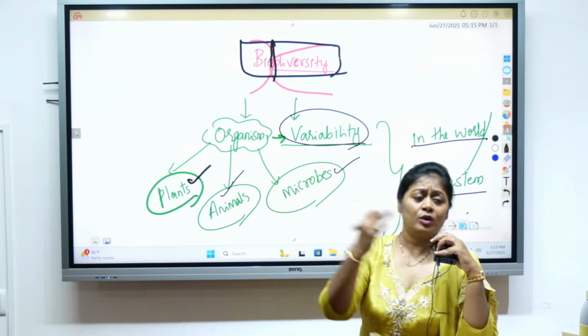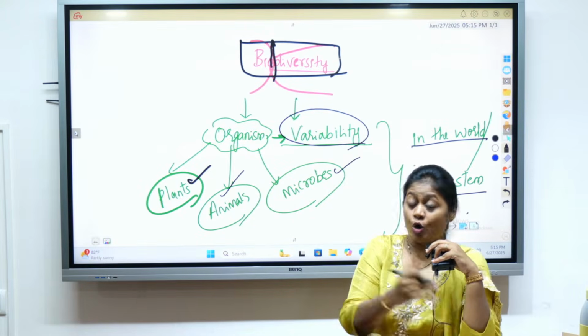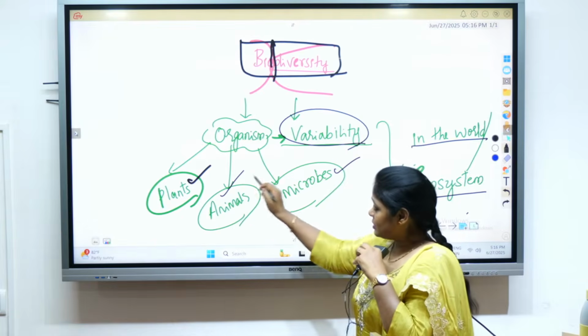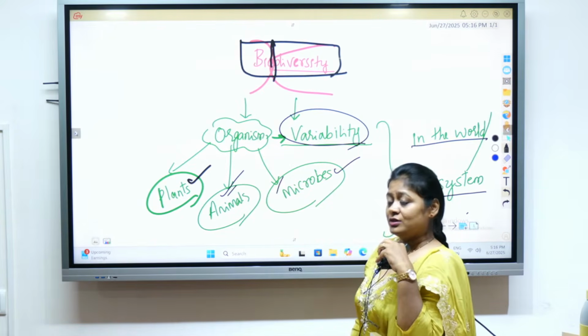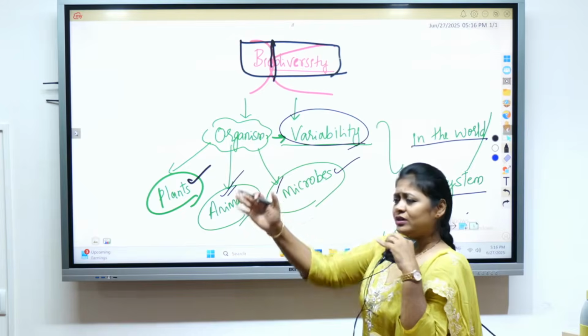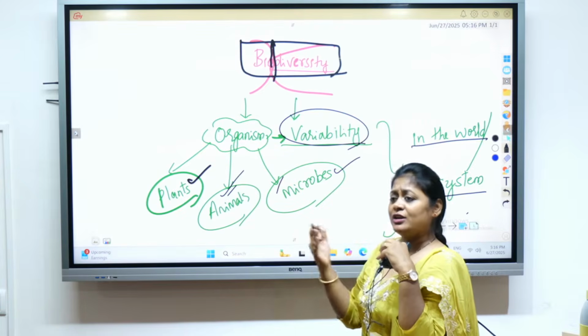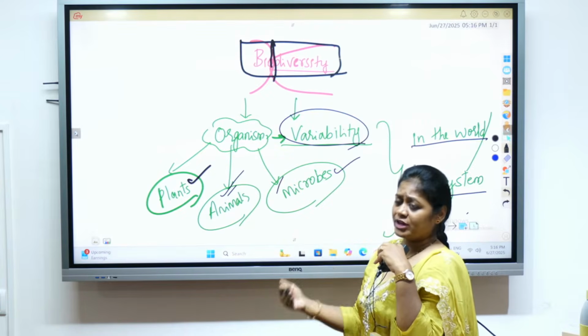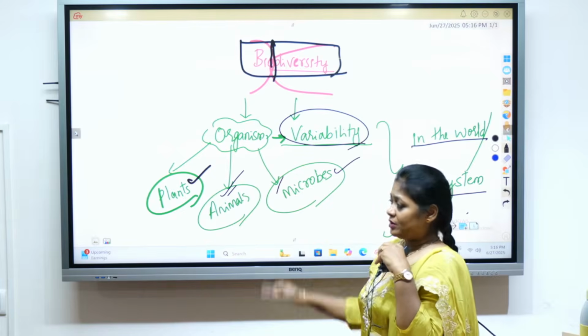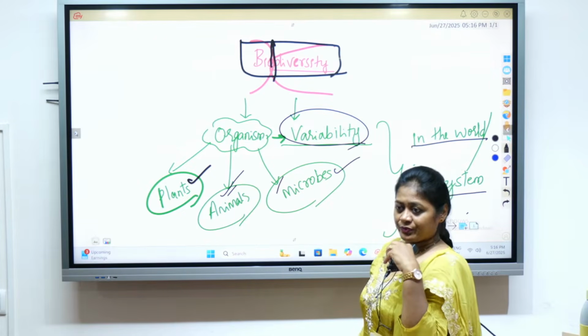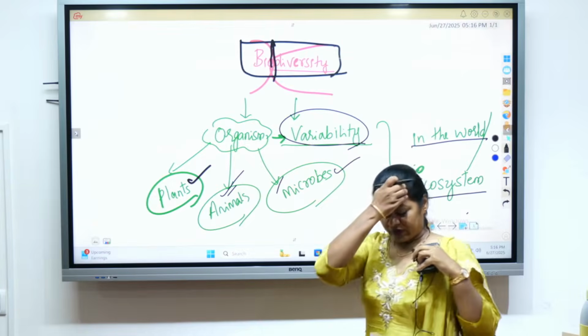Overall, in the world, how many types of plants, animals and microbes are present? Or if you take a particular ecosystem, seeing how many types of plants, animals and microbes are there is biodiversity. Understood? Right on the definition.